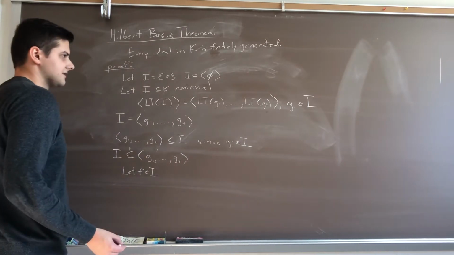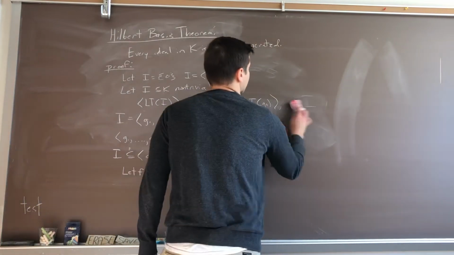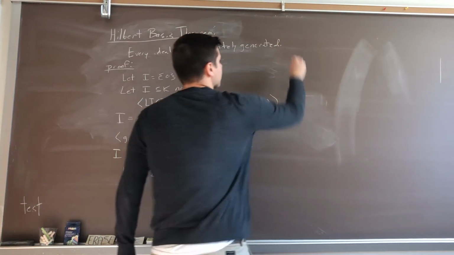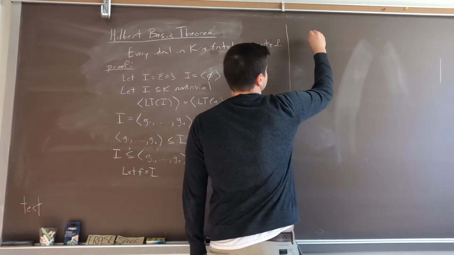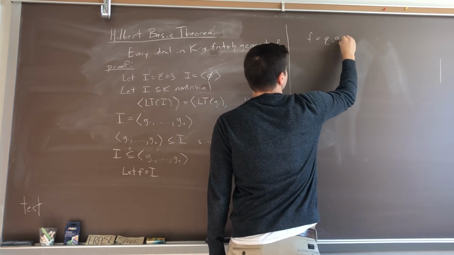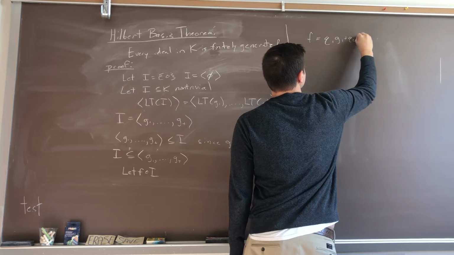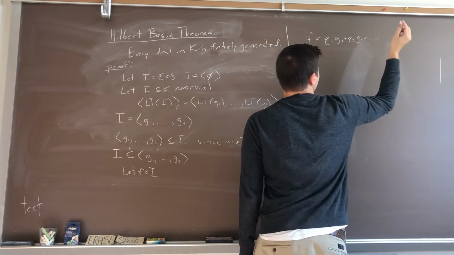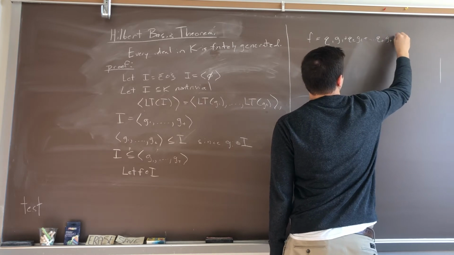So that gives us that f equals q1 g1 plus q2 g2 all the way through to qt gt plus r.